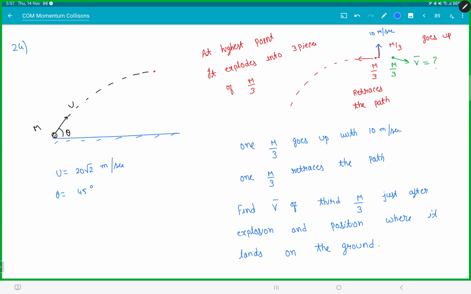Is the question clear? So this mass m goes to the highest point and it explodes. That you need to figure out. They'll not give everything, they just said it'll retrace the path. Now you figure out, so how do we start from there?